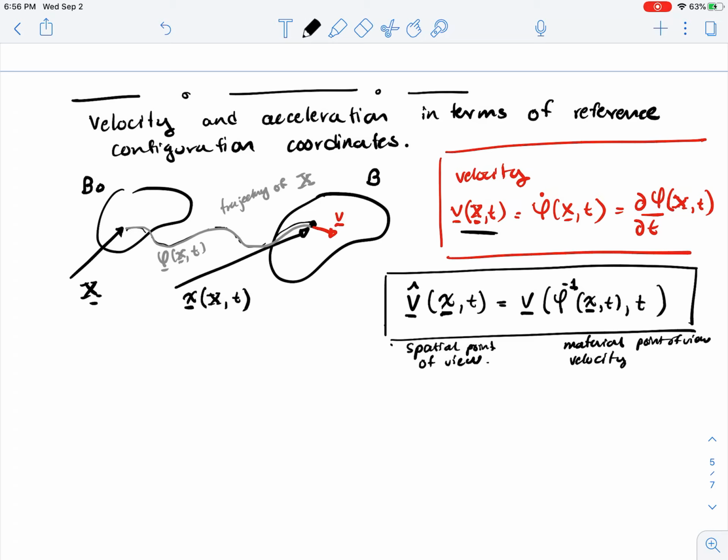And so the difference is here I'm asking what is the velocity of particle capital X at now time t. Whereas when I plug in this inverse map, what I'm asking is, what is the velocity of the particle that happens to be at point little x right now?